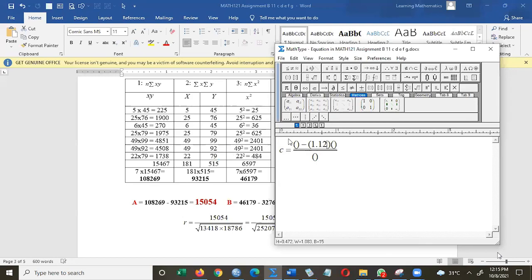Anybody can ask, why is he saying that? Because the sum of y is 515. Okay, the sum of y. How many y's are there?